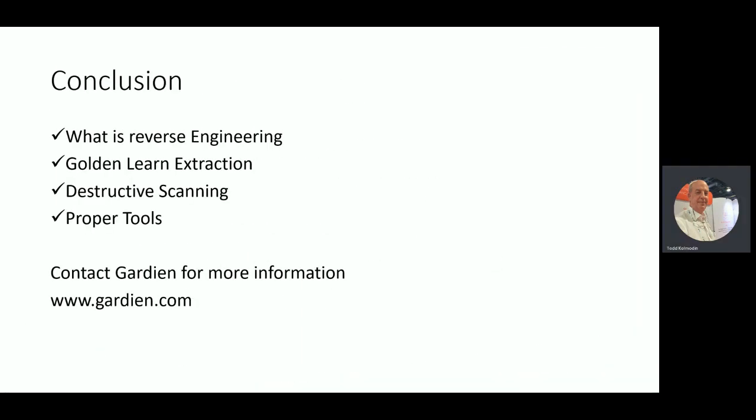So in conclusion, we talked about what reverse engineering is. It's the process of taking a finished product and taking it back to its roots. And we talked about what the golden board learn extraction process is. That's where we take a bare board or a component-cleared board, and we do the self-learn on it to create a netlist.